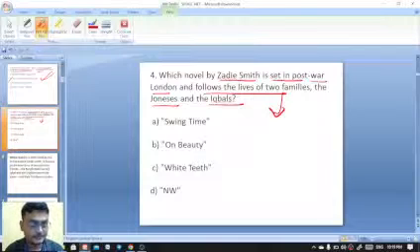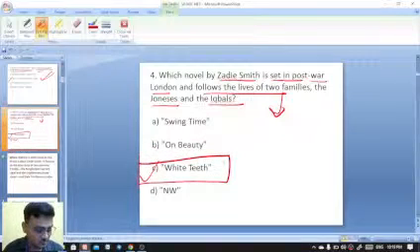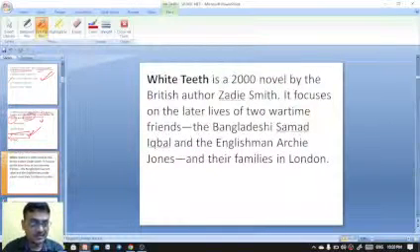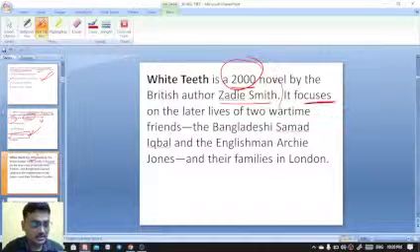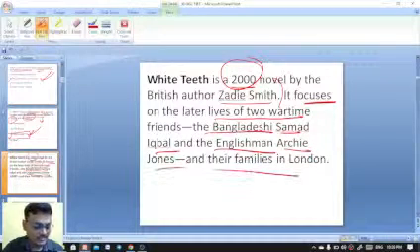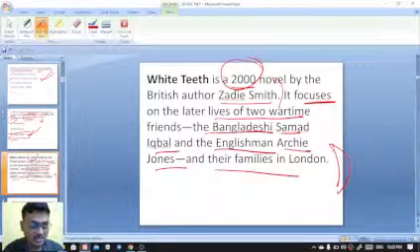It's White Teeth by Zadie Smith that is set in post-war London and follows the lives of two families, the Jones family and the Iqbal family. White Teeth by Zadie Smith is the right answer. White Teeth was published in 2000 by the British author Zadie Smith. It is focusing on the later lives of two wartime friends, the Bangladeshi Samad Iqbal and the Englishman Archie Jones and their families in London.